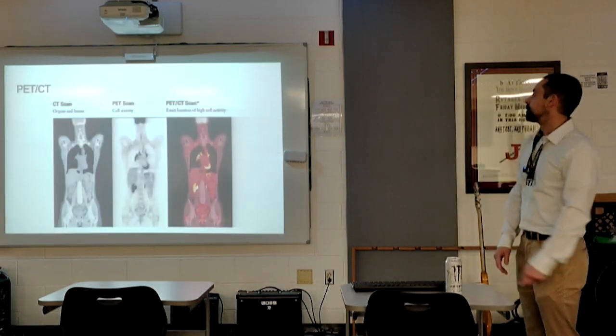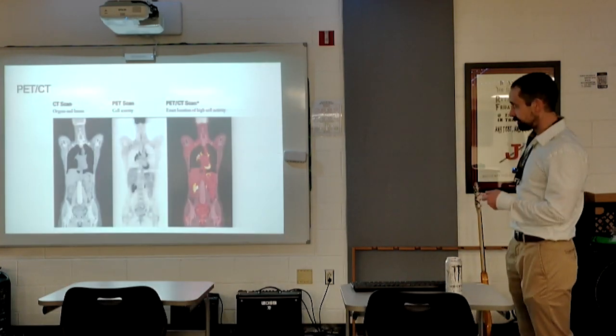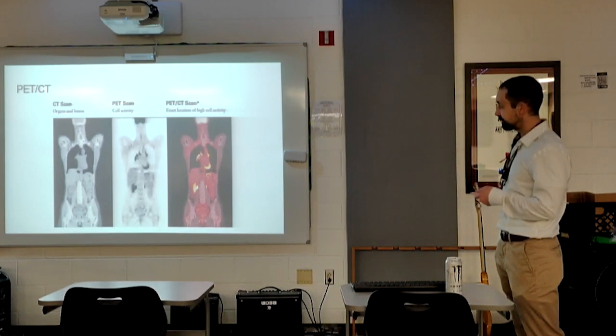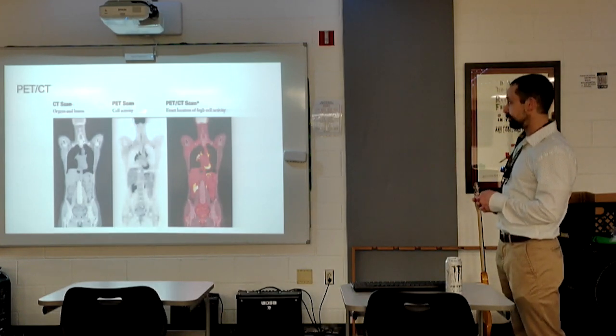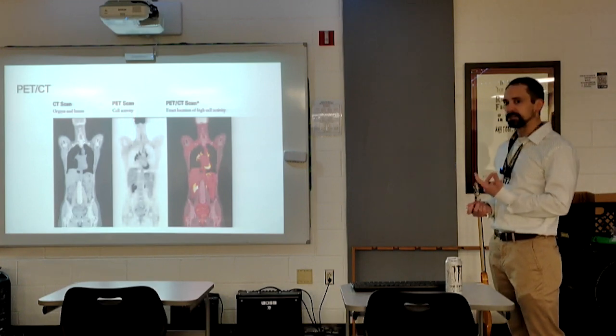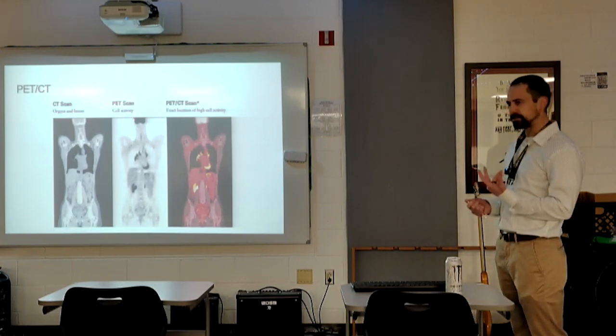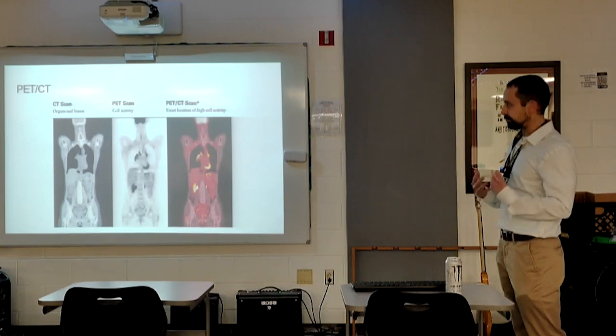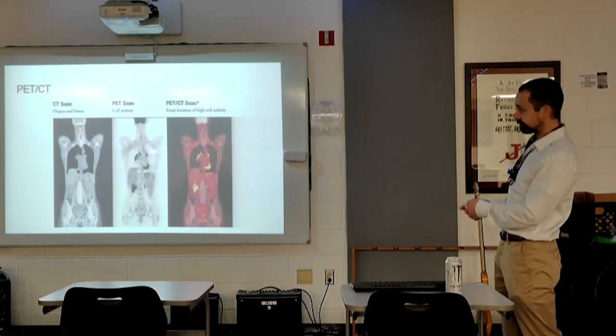Okay. These are pretty cool. We do a lot of these. This is a PET CT. So you can combine a PET scan and a CT scan. So we have a PET scan in the middle. So this patient is injected with something radioactive. It's usually attached to glucose, a type of sugar. So anything that's metabolically active is going to take up that radio tracer, and it's going to be black on this image.